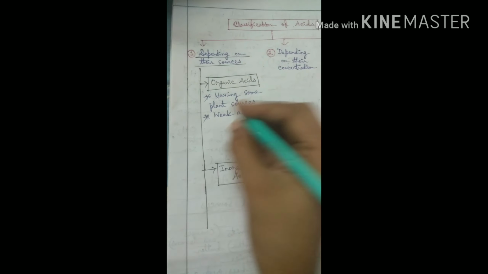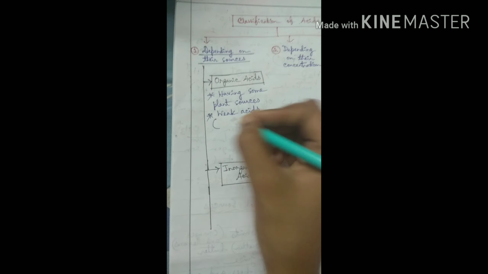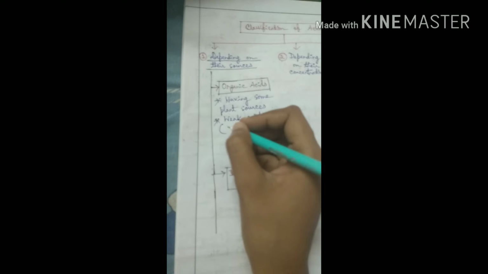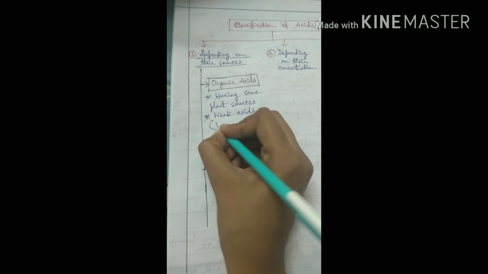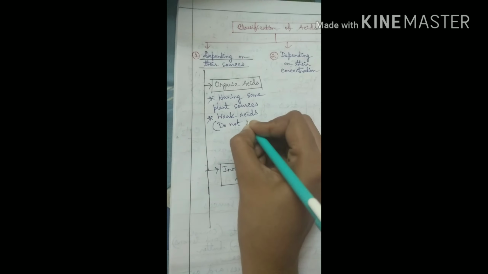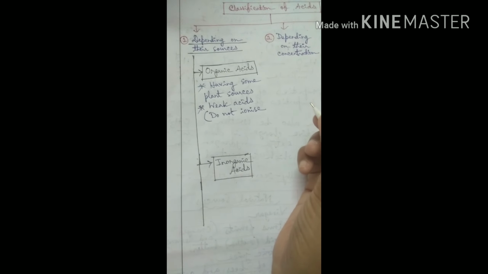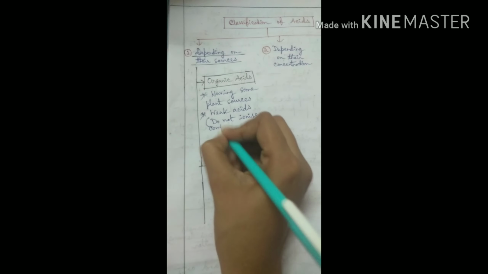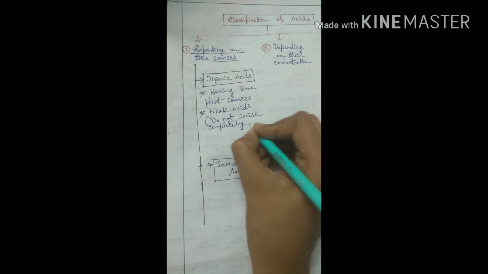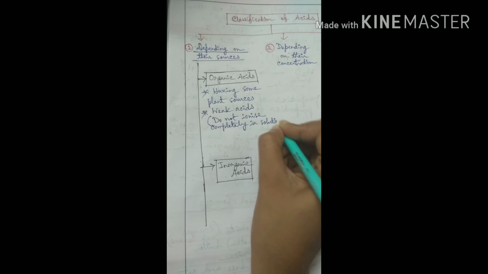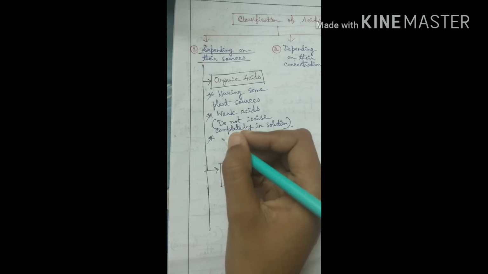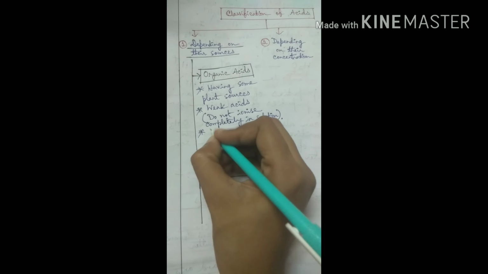Weak acids means they cannot be dissociated completely into ions in solution. They do not ionize completely in solution. You also take such notes with me. So, they contain ions as well as molecules.